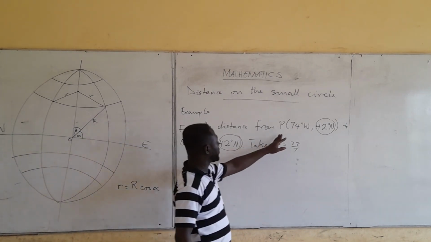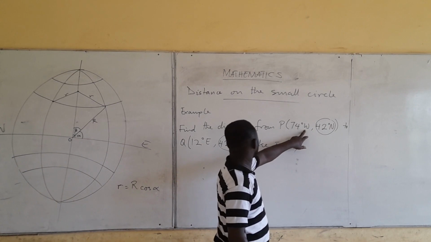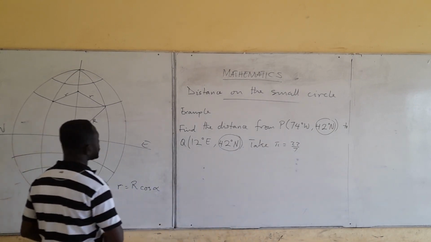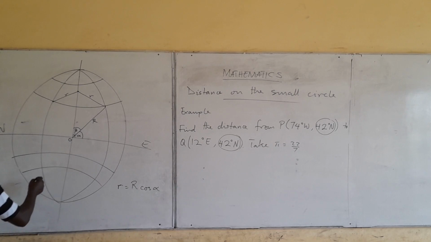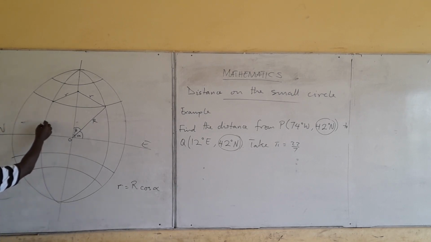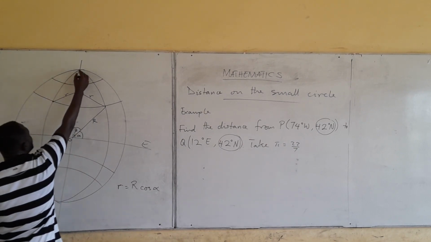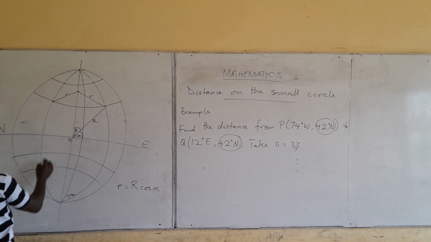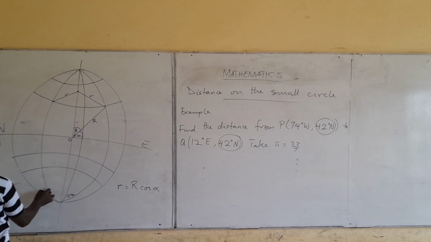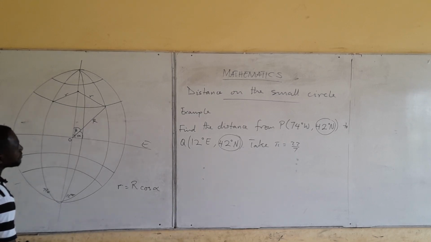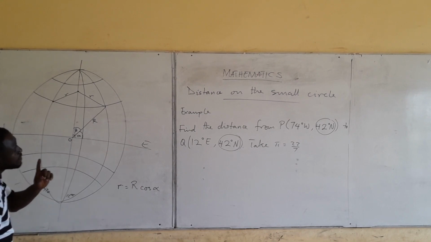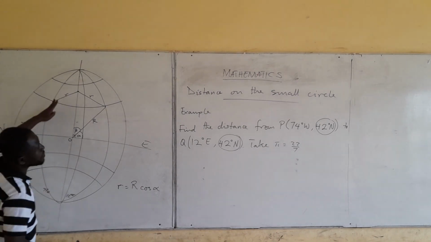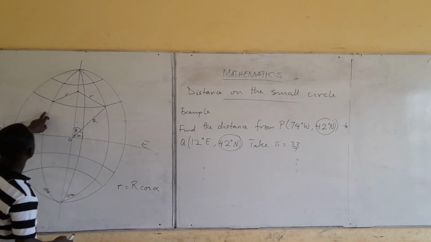Find the distance from point P, 74 degrees west, and Q, 12 degrees east. So let me assume this is 74 degrees west, and then 12 degrees east, and then 42 degrees north.